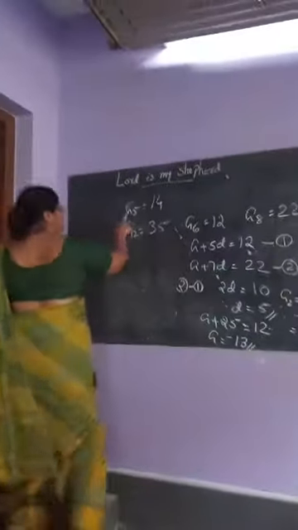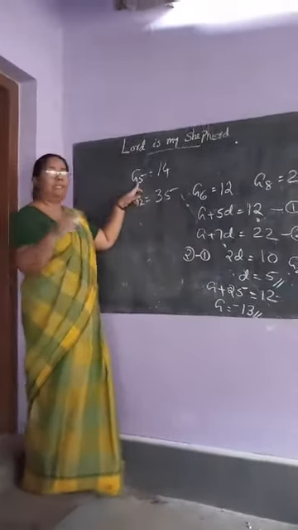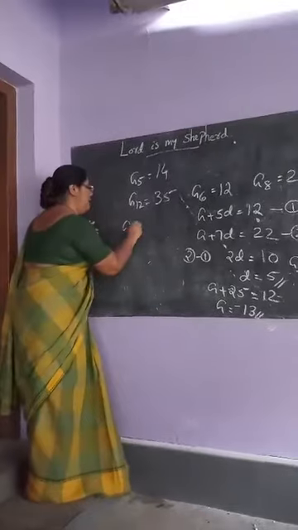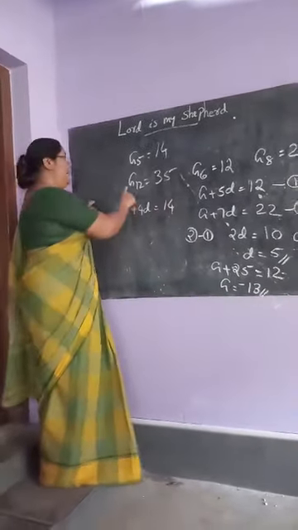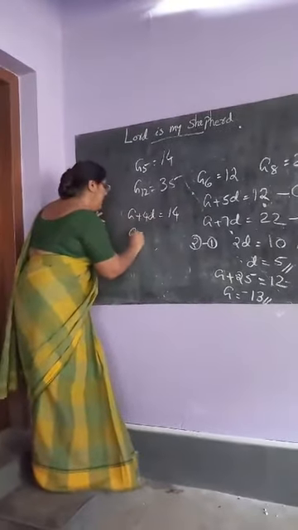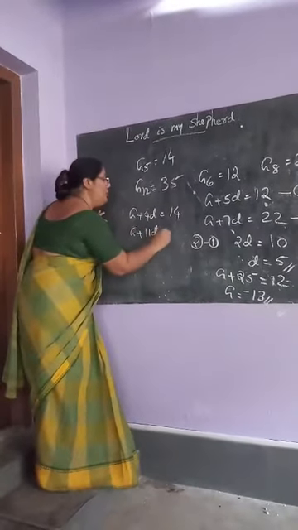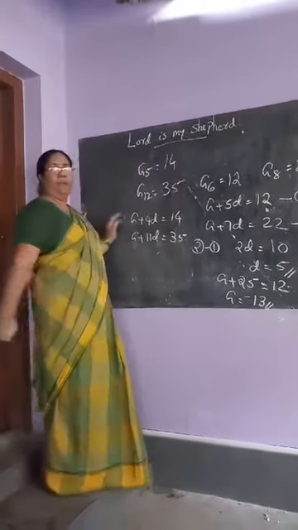Same method. A5 means A plus 4D, that is equal to 14. Then A12 means A plus 11D is equal to 35.